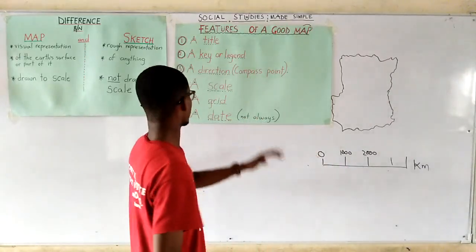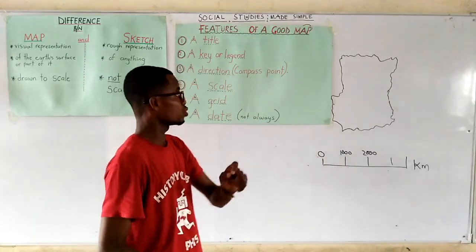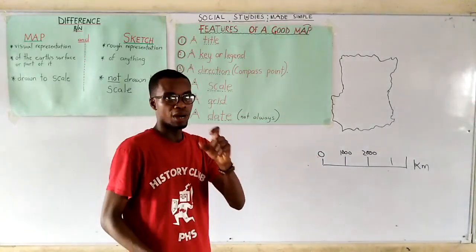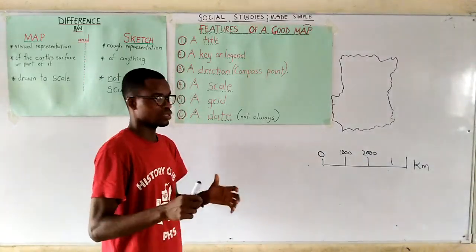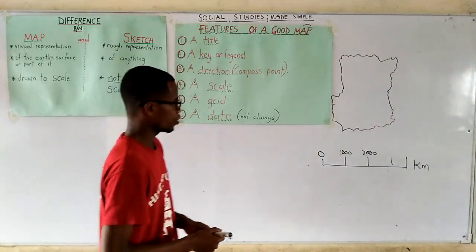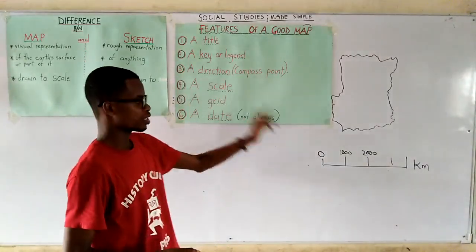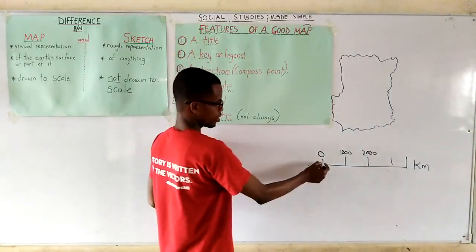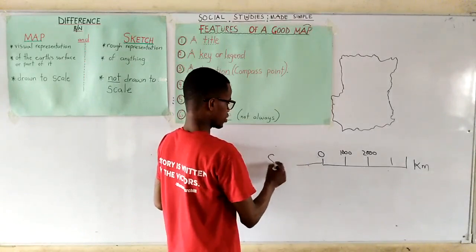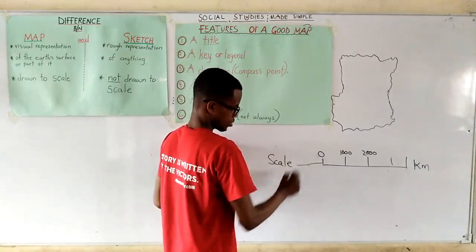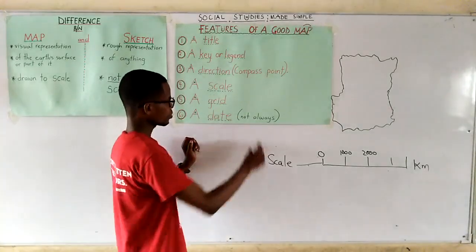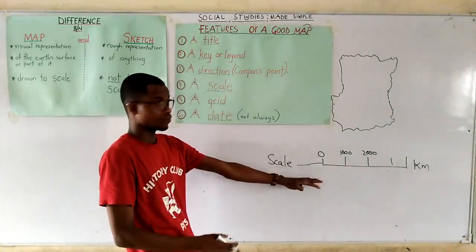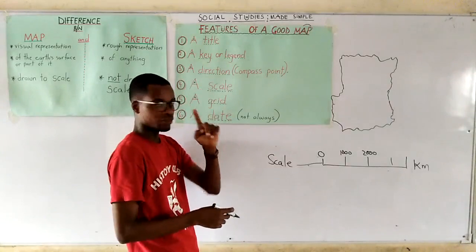Okay. So what are the features that you see for you to know that a map that has been drawn in an atlas, or what you are seeing, is a good map? Okay, first of all, we've already talked about what? The scale. So you find something like this under it. So this becomes the scale. So the scale of a map, since I drew this first, let's look at the point 4 first.